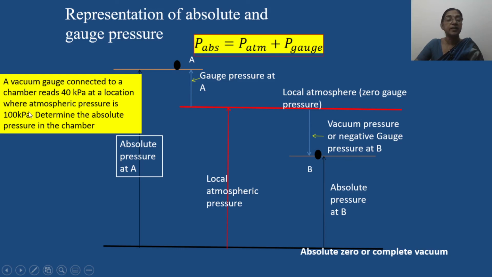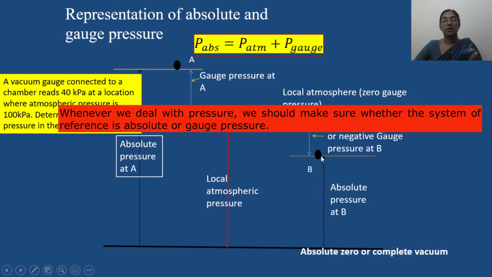P atmosphere is given as 100 kilopascal and gauge pressure is given as 40 kilopascal, but it is given that a vacuum gauge is used, so that means this 40 kilopascal is negative. So P absolute equals 100 kilopascal, the P atmosphere, minus 40 kilopascal. That means P absolute is equal to 60 kilopascal.